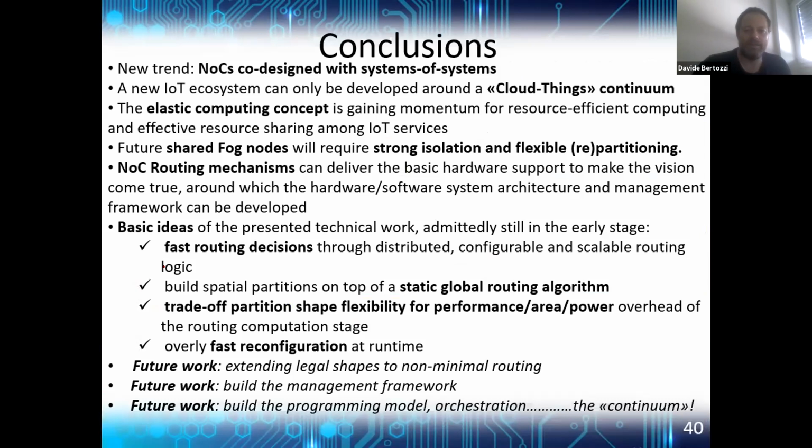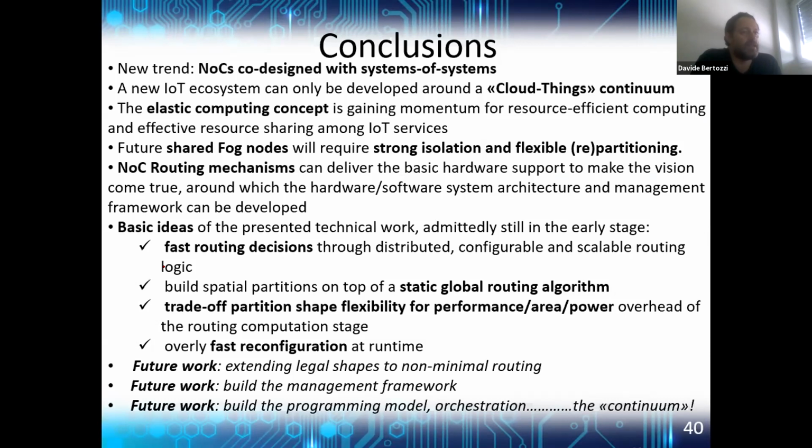I think that we have reached the conclusion. Today, a new trend is to co-design network on chip with the system architectures, but I tried to convince you that this can be further extended to co-design your network on chip with a system of systems. In particular, we saw that a new IoT ecosystem can be developed only around a cloud things continuum, which is not there yet.